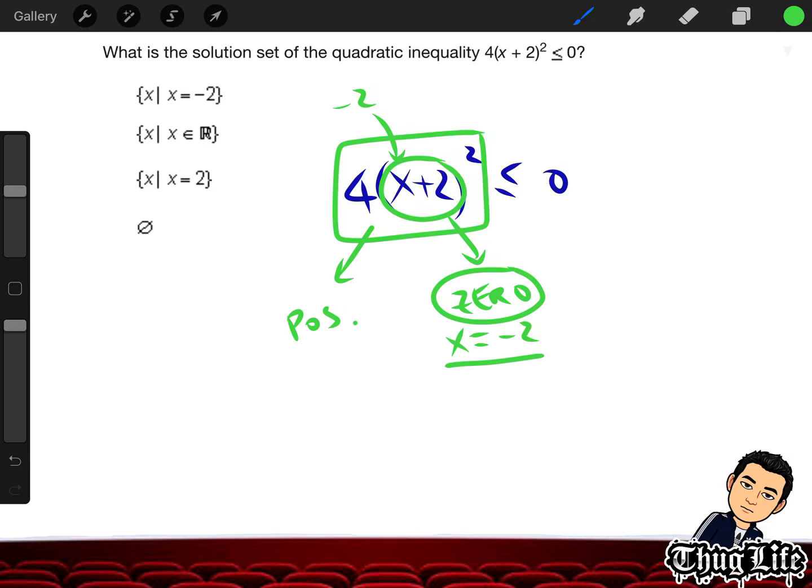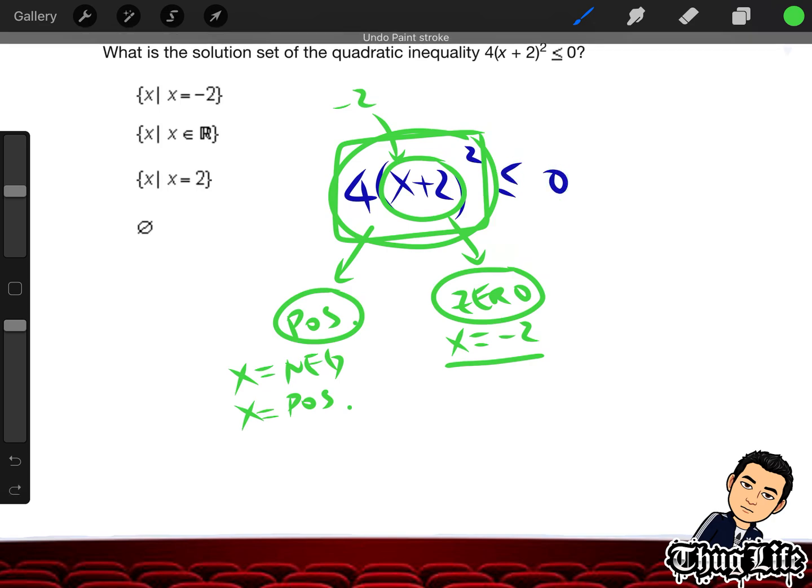Now, for any other values, it doesn't matter what you plug in for x. x could be a negative value or x could be a positive value. You are eventually going to get a positive for the entire expression. That doesn't fit our description because we're looking for less than or equal to 0.